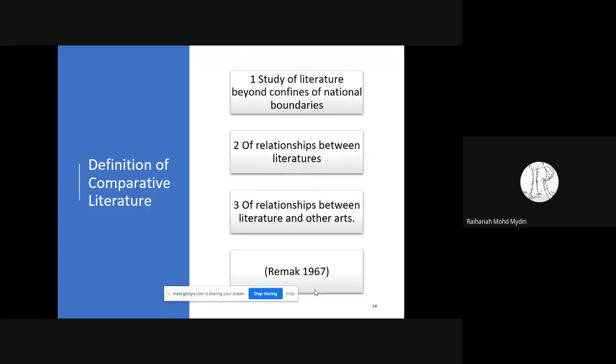So the definition of comparative literature, back to Remarque's definition that we looked at last week, Henry Remarque's 1967 definition: study of literature beyond confines of national borders, of relationships between literatures, of relationships between literature and other arts.